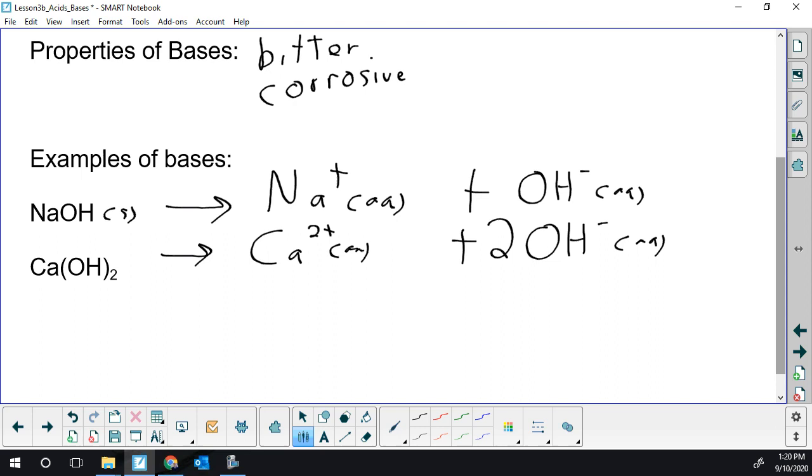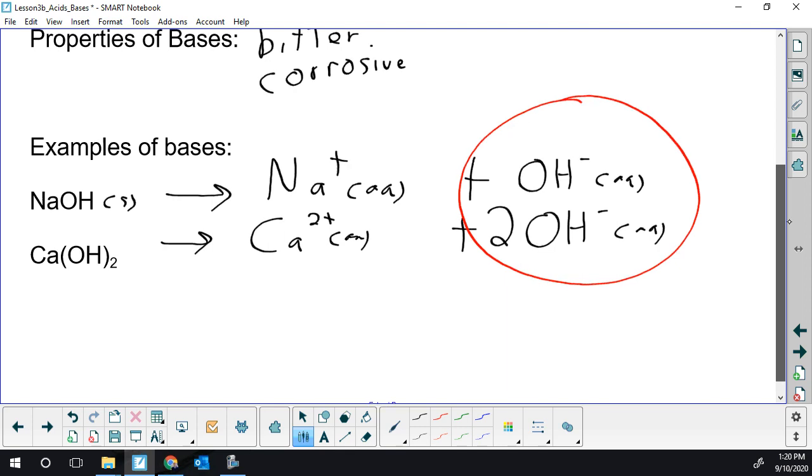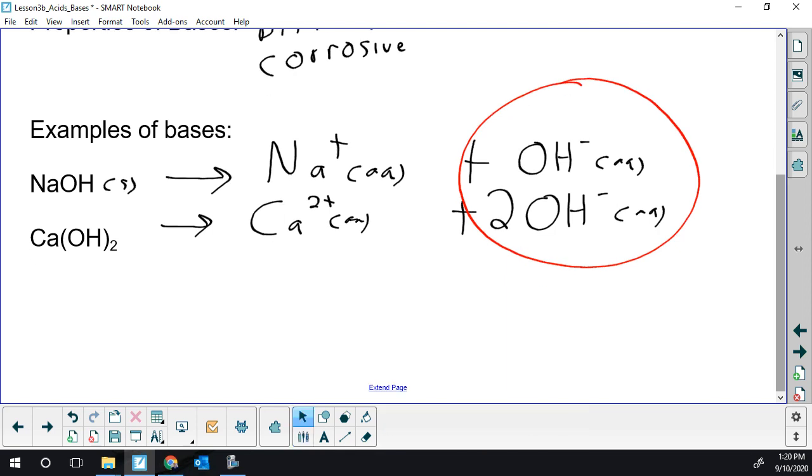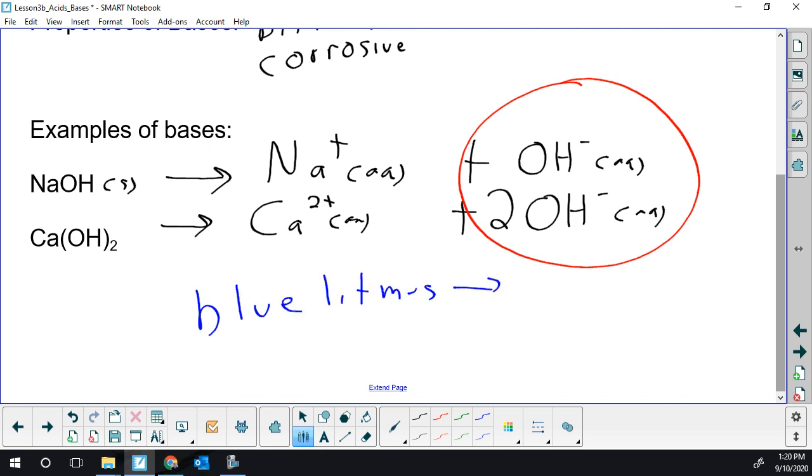Okay. These guys, you know, can have some effects on litmus paper. Here, the blue litmus, when you dip that into solution that's basic, is going to stay blue.